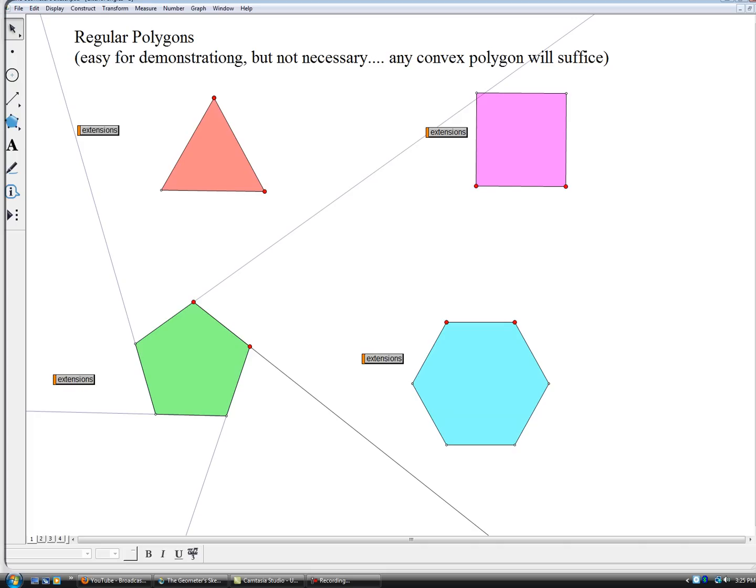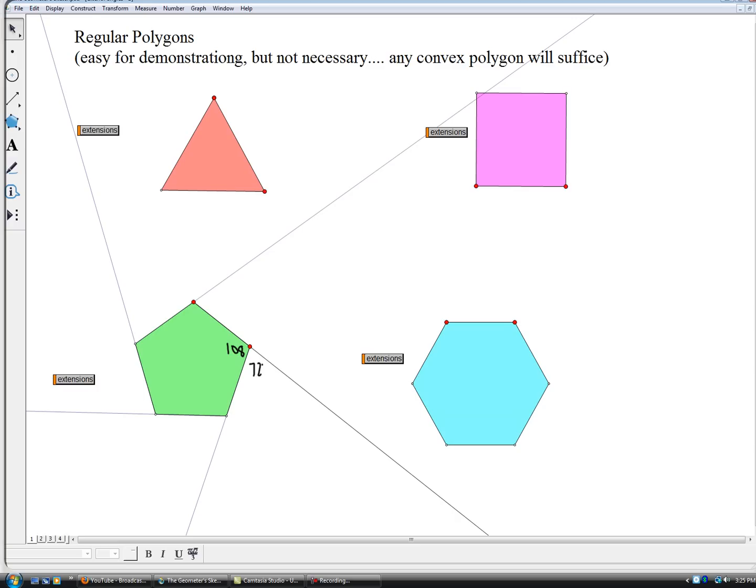You got it, 108. So if our interior is 108, what's our linear pair? Let's see, 180 minus 108 gives us 72.